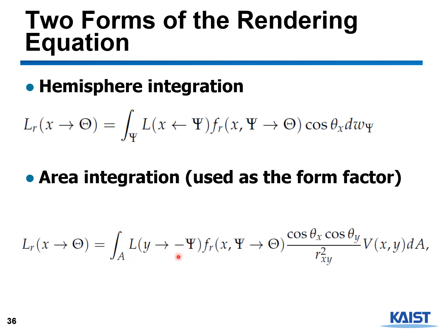This is the radiance value from y in the direction, with the BRDF, and then there are two cosine terms, cosine theta x and cosine theta y, divided by r squared, which is the distance between x and y. Also, we need to consider the visibility of each surface point in A from x. That's why we introduce the visibility function V, and then this is integrated over the differential area.